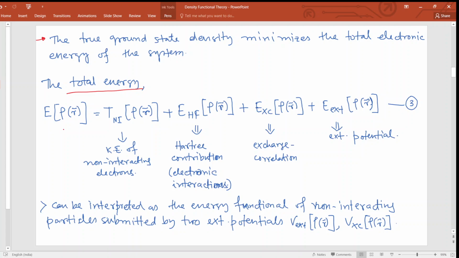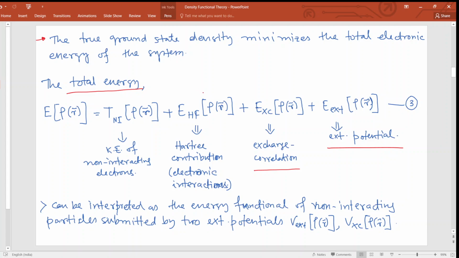So E, which is a functional of rho, will be a sum of T NI, the kinetic energy term of non-interacting electrons, plus E Hartree, the Hartree contribution that takes care of the electronic interactions, plus E XC, the exchange correlation, plus E external, the external potential. Okay, so we have four different terms. Only one is a kinetic energy term, and three are mostly potential terms.